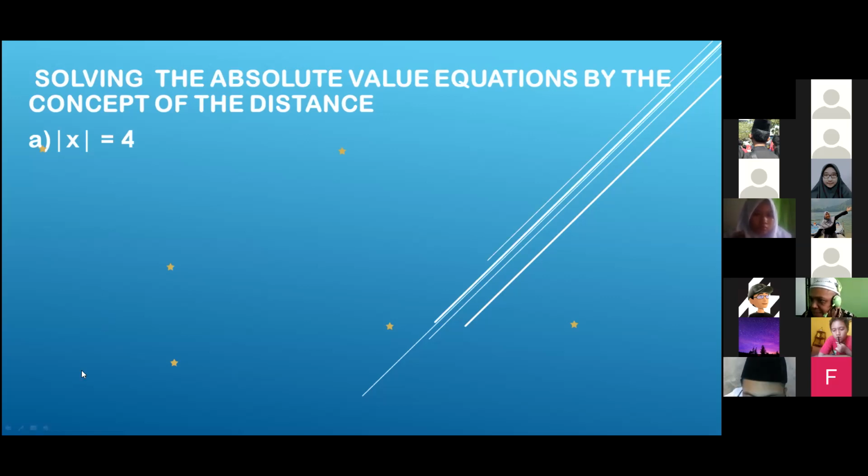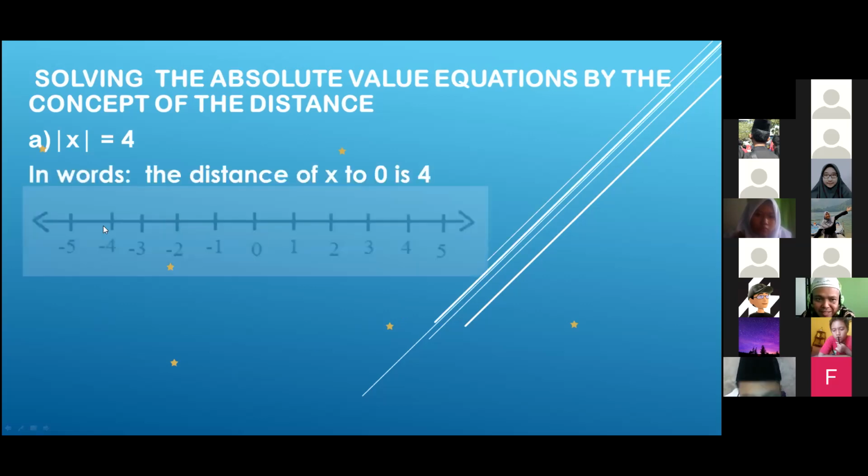How many possibilities? Only two. Can you mention them? 4 or negative 4. Okay, good. So x may be negative 4 or 4.